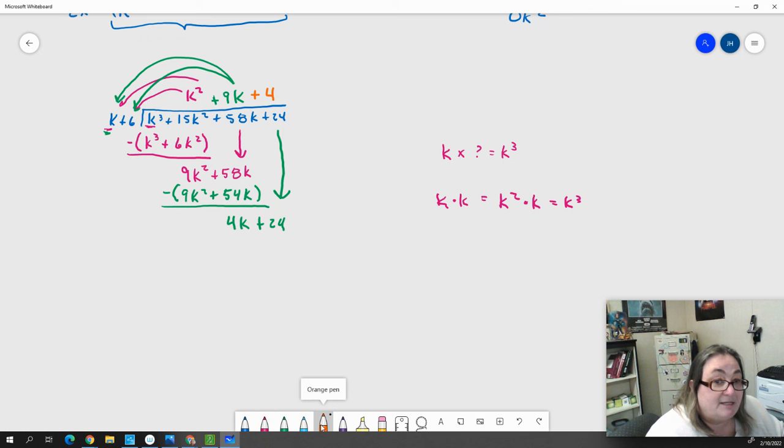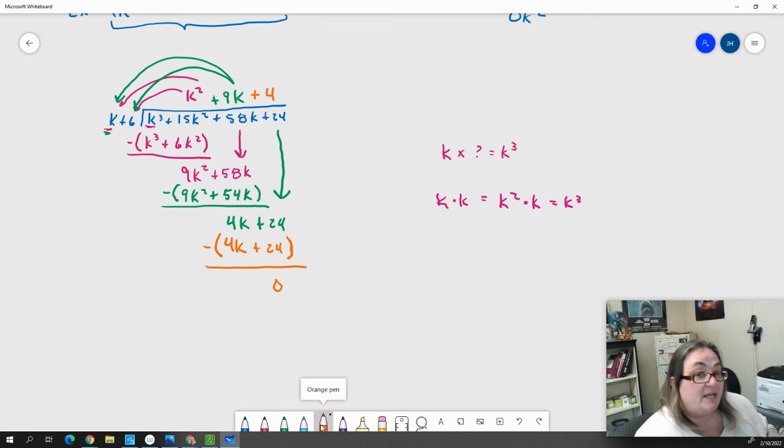We're just going to multiply times 4. 4 times k is 4k. 4 times 6 is plus 24. And again, we put that in parentheses, put a minus in front of it. When we subtract 4k from 4k, we get 0. 24 minus 24 is 0. So we have no remainder. And this piece right here is our solution.